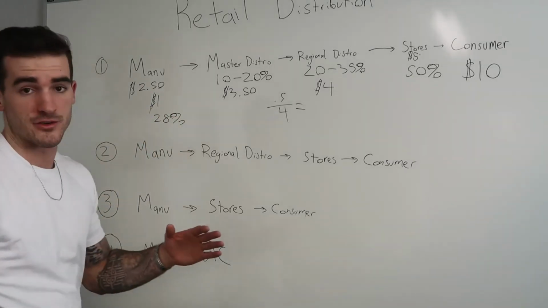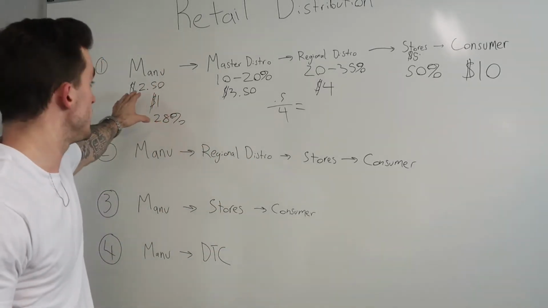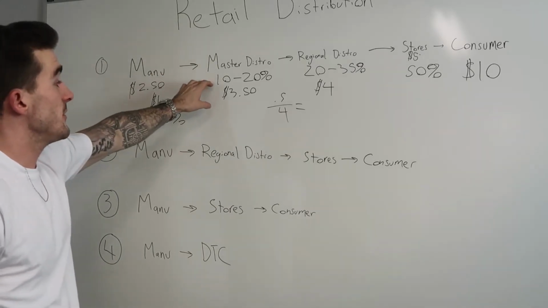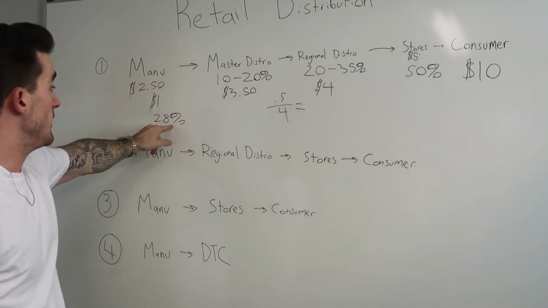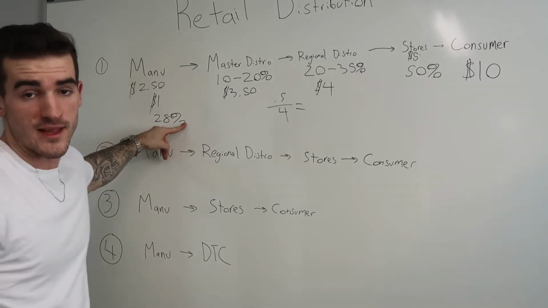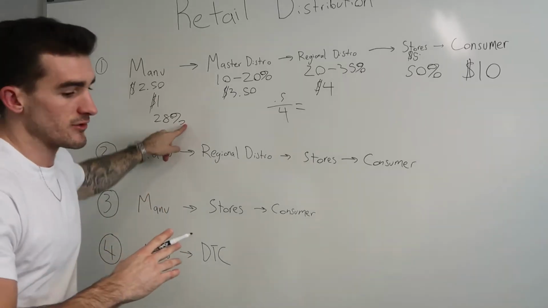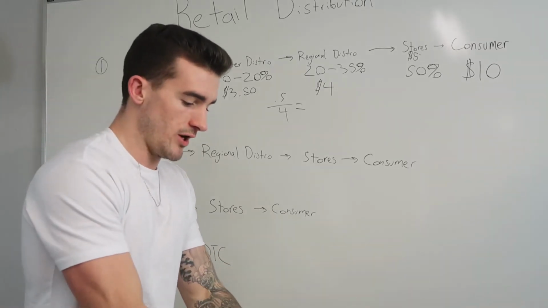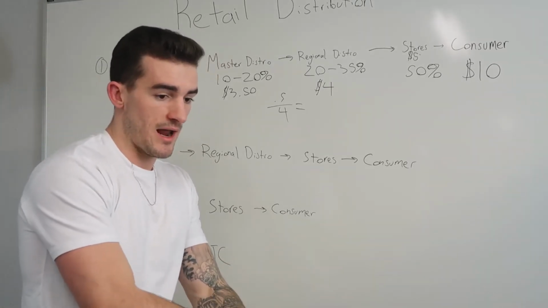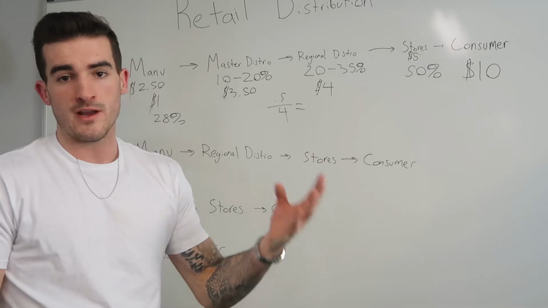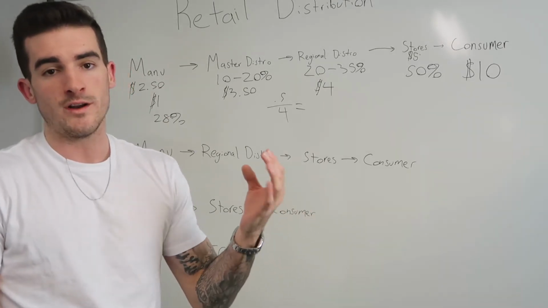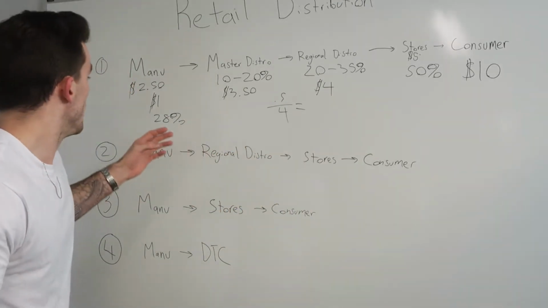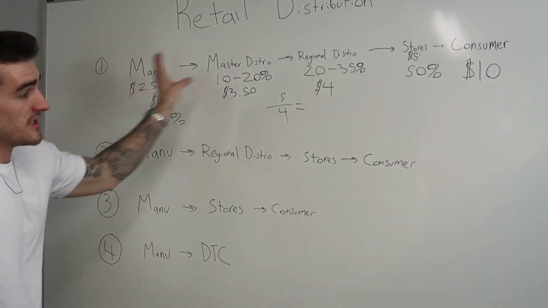So as a manufacturer, if it costs you $2.50, and you sell it to a master distributor for $3.50, you're making a 28% margin. So that 28% is essentially money that's left over after your cost of goods, your shipping cost, everything like that. It's what you're going to be operating your business on and what you're going to be taking a profit on.